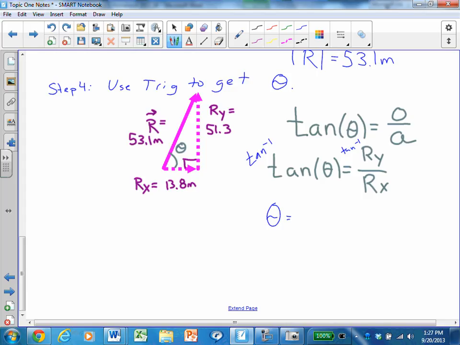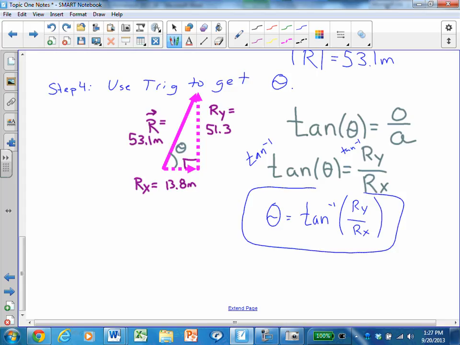So we also need to do the tan inverse of our y over our x. This is a good formula to remember: tan inverse of our y over our x will give us our angle, or at least the acute version of it, and then we could figure out what quadrant we are in by whether x is positive or negative and y is positive or negative.